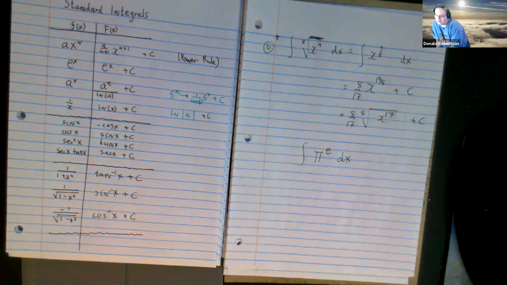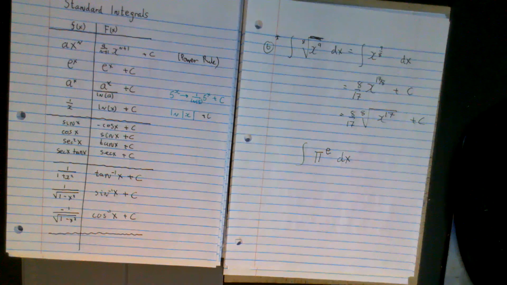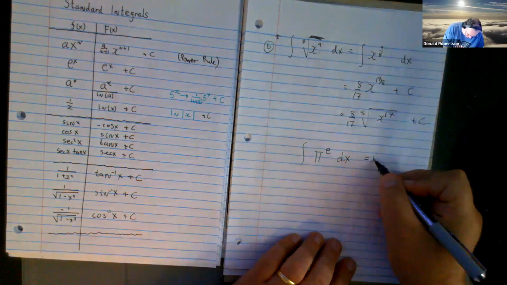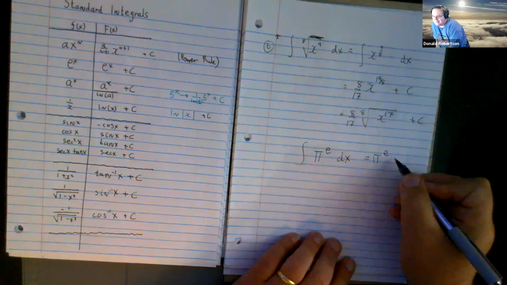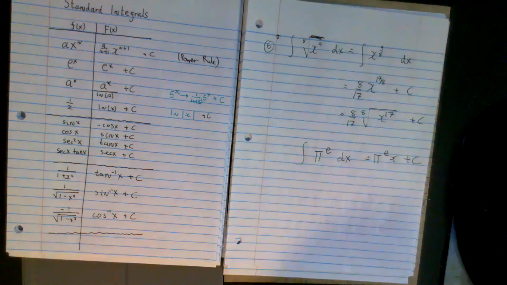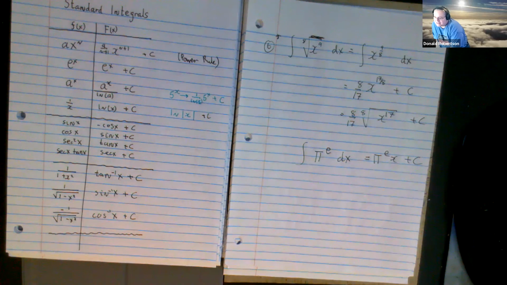Oh, it did catch you. Would it just be pi to the e times x? It would be. Are you still getting a little bit hesitant when you see e's and pi's that maybe something's going on that's one of these guys, but it's not?